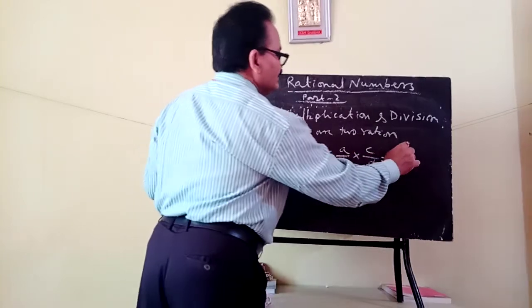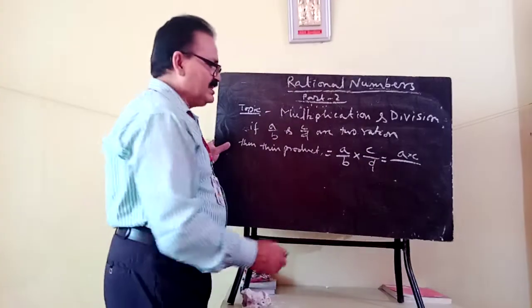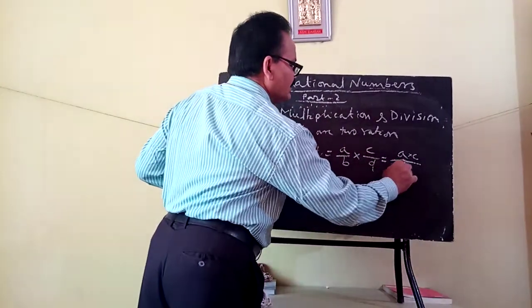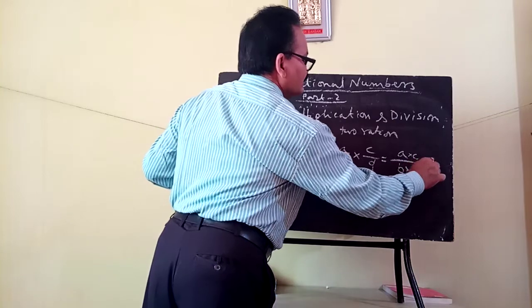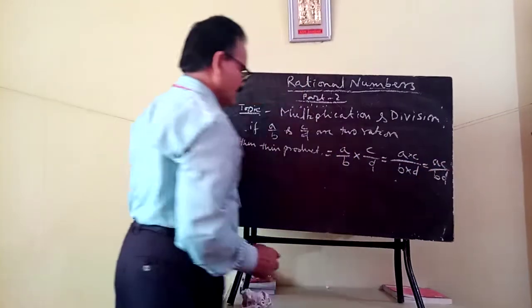That is A into C over B into D. The numerator will be multiplied by the numerator and the denominator by the denominator, so this is AC/BD.